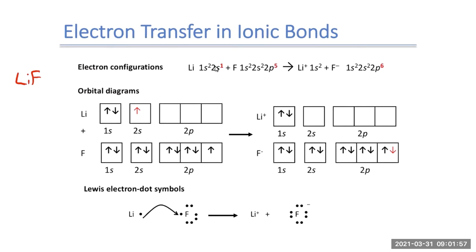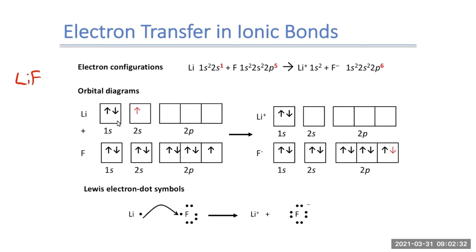So you can see lithium has 1 extra electron above the noble gas configuration. Fluorine's missing 1 electron to get to the noble gas configuration. So if lithium gives up the 1 electron in the 2s orbital, gives it to the fluorine, lithium ends up as a 1s2, fluorine ends up as a 2p6. So now they've both obtained a noble gas configuration.